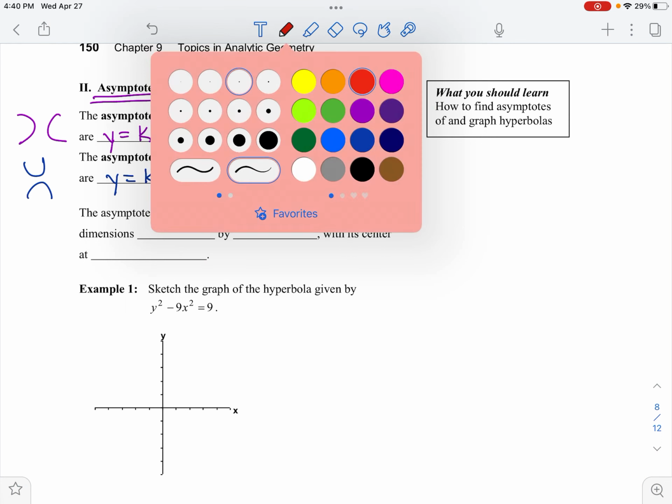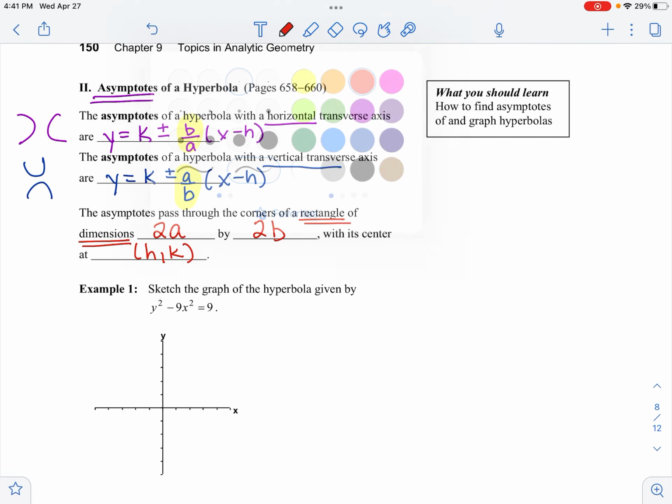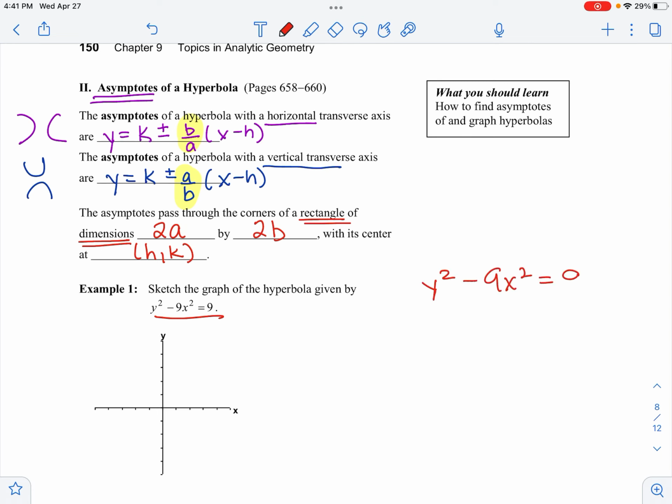And the asymptotes pass through the corners of a rectangle with dimensions 2 times a by 2 times b. We're going to talk about what that means in just a second. And the center is at h, comma, k. So I'm going to show you what all of that means coming together right now. So this example says, sketch the graph y squared minus 9x squared equals 9.